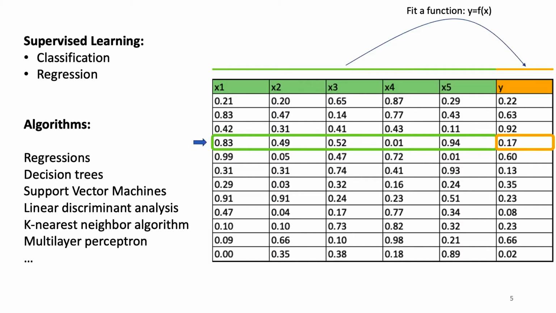This requires the learning algorithm to generalize from the training data to unseen situations in a reasonable way. The popular algorithms in this area are, for example, regressions, decision trees, support vector machine, LDA, k-nearest neighbor, and also multi-layer perceptron, which is actually a neural network.